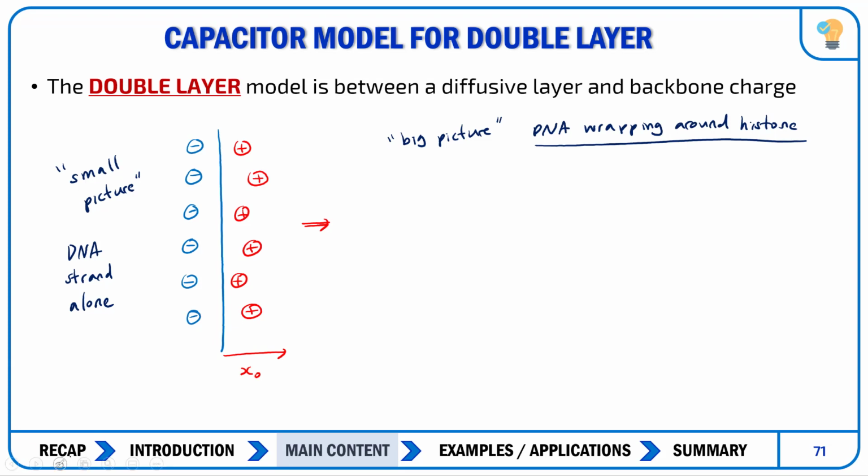So that means we have our DNA going in like this, which I had in blue. Let's have the histone in purple.